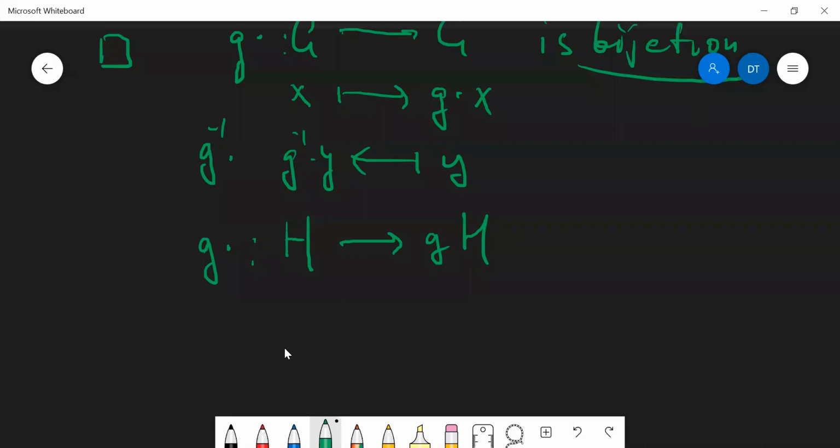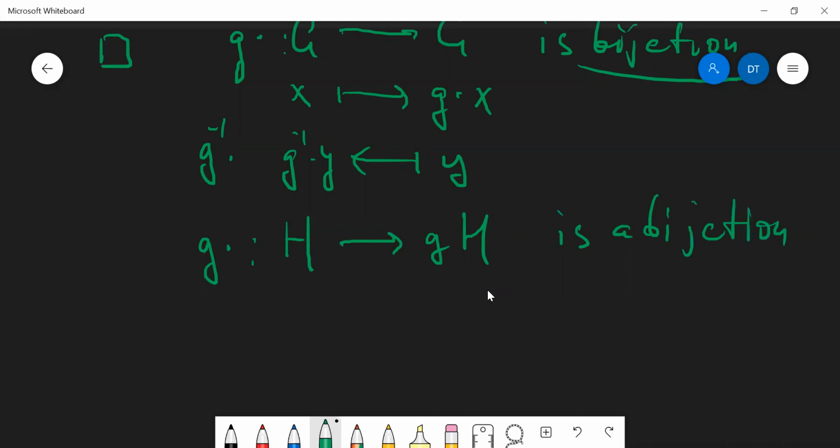So since this was a bijection and this subset goes to this subset, then this is also a bijection. But since this is a bijection, then the amount of elements here is the same as the amount of elements here.